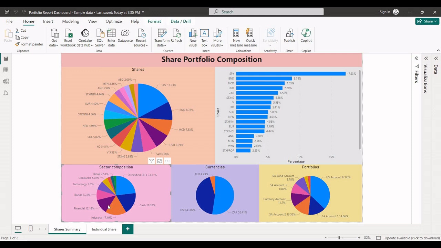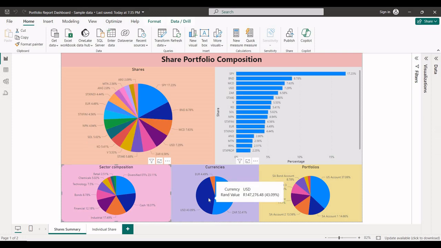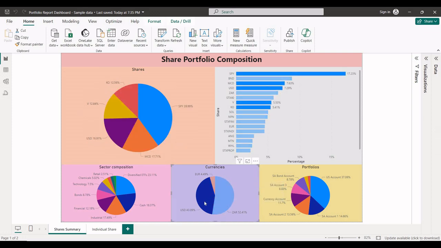So just a few more illustrations looking at financials. This is made up of three parts: STX Fin and the Visa shares, as well as the Absa Group shares. And on the side here, we can also see those highlighted. Similarly with the currencies, you can use those as a filter. So these are our USD denominated assets.